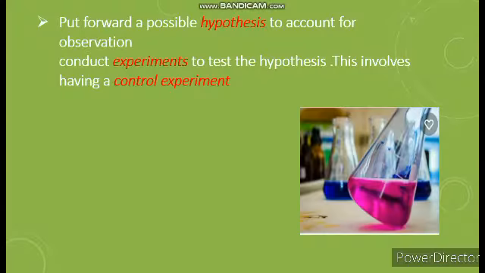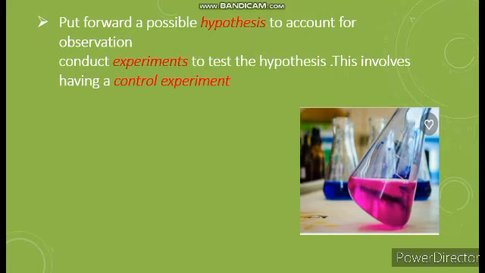Then after this, you put forward a possible hypothesis. Now, what is a hypothesis? A hypothesis is a reasonable explanation for a particular observation or natural phenomenon, as in it must be such that it can be tested.